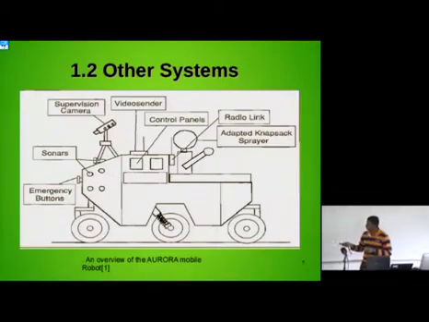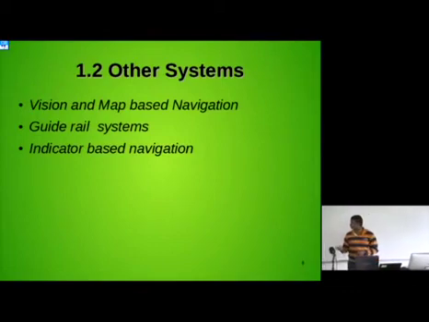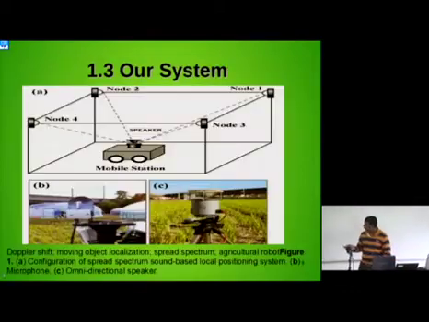And this system works. And there's another system which uses a guide rail system, the rail system here, and an indicator-based system where we place different indicators in the path so the robot can know where it is.